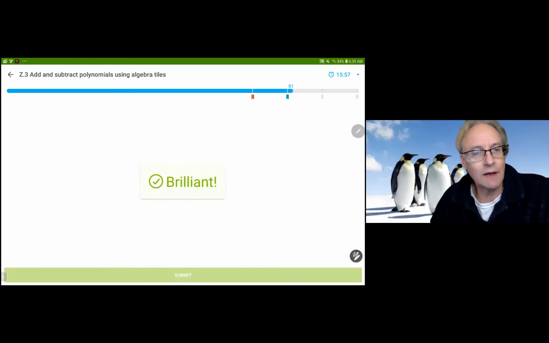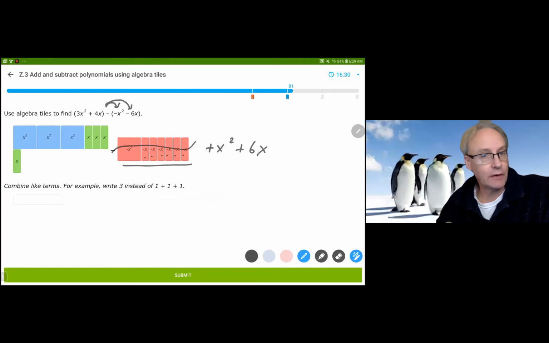Alrighty then. We're subtracting a negative. Now this one you really need to use the expression. You don't have to, but of course we're changing the signs of all of these and adding them, aren't we? So what subtracting all this means is really plus x squared, and we have 1, 2, 3, 4, 5, 6 x's. 6x, because this negative is saying add the opposite of those, which of course is what I'm doing here as well, which is 3x squared plus 4x plus x squared plus 6x.